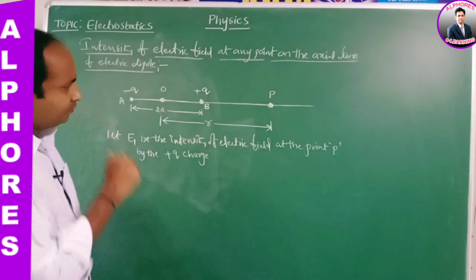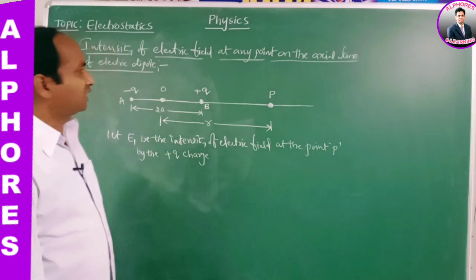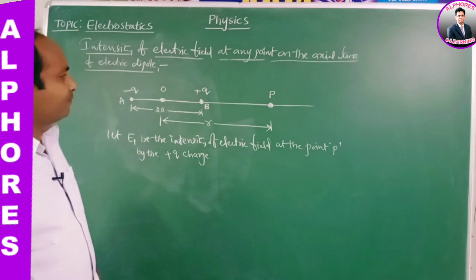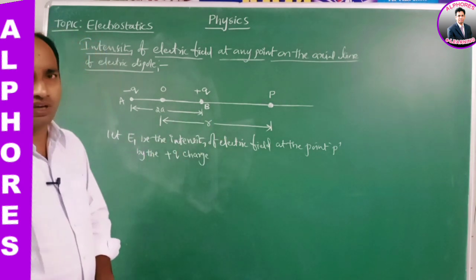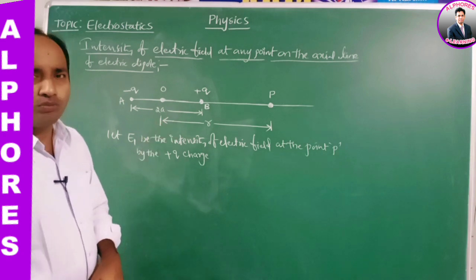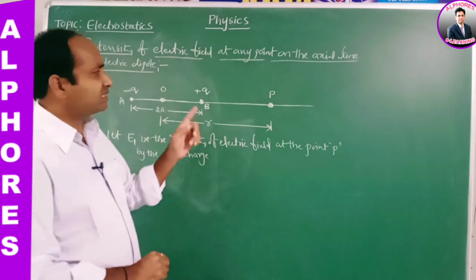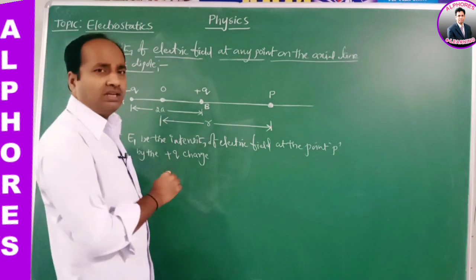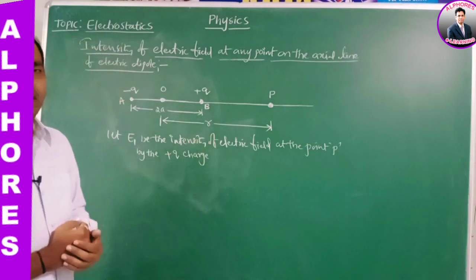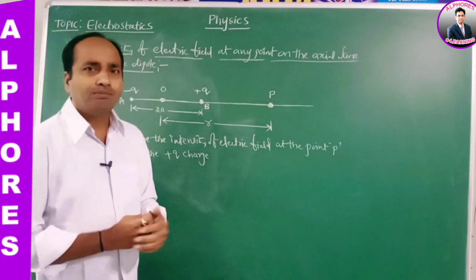We know that the intensity of electric field due to a point charge is 1 by 4 pi epsilon naught, q by r square, where q is the charge and r is the distance of the point P from that charge. Here E1 is the intensity of electric field at the point P by the positive charge.